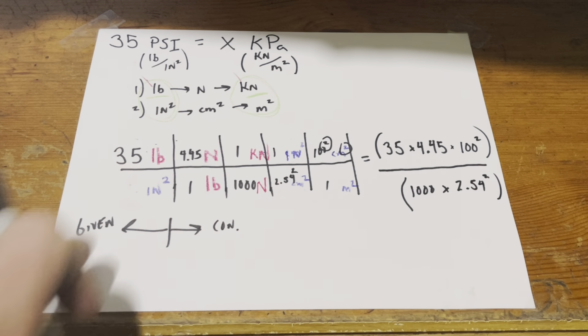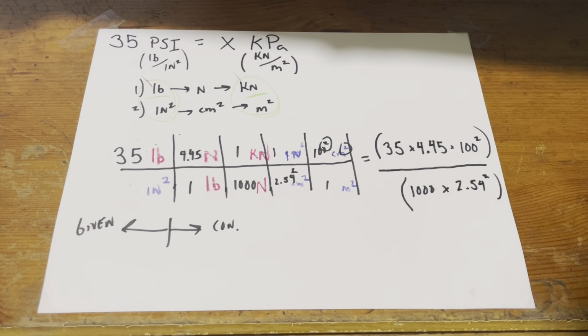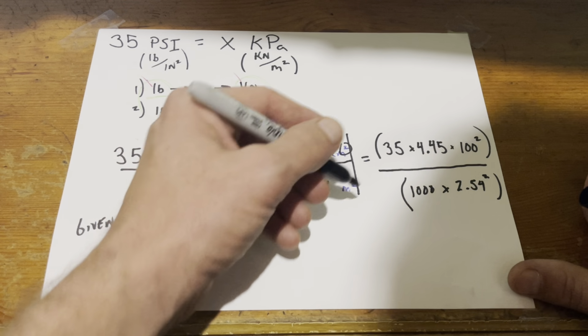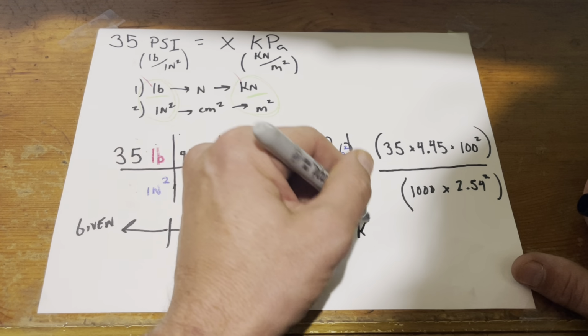Now don't do this one because this is 35. Just worrying about these. So from that standpoint, we'll just say whatever x is equals the calculator result.